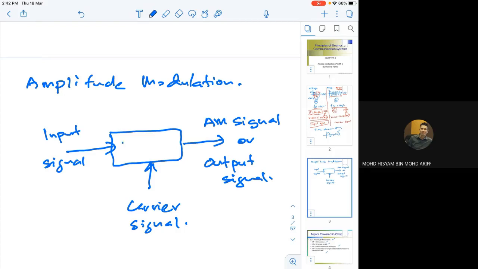This one is a modulator. If you see on YouTube, sometimes it's called a mixer.